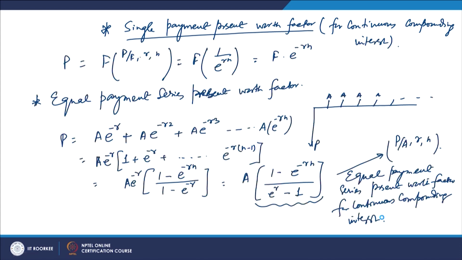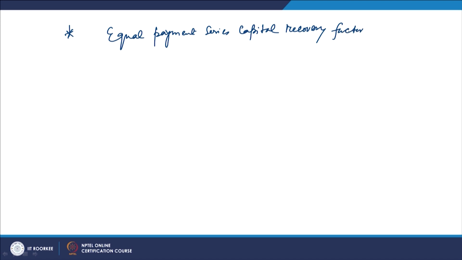So, you may have other equal payment series factors. The equal payment series capital recovery factor will be the reciprocal of the equal payment series present worth factor, for continuous compounding, and it will be A by P, r, n.